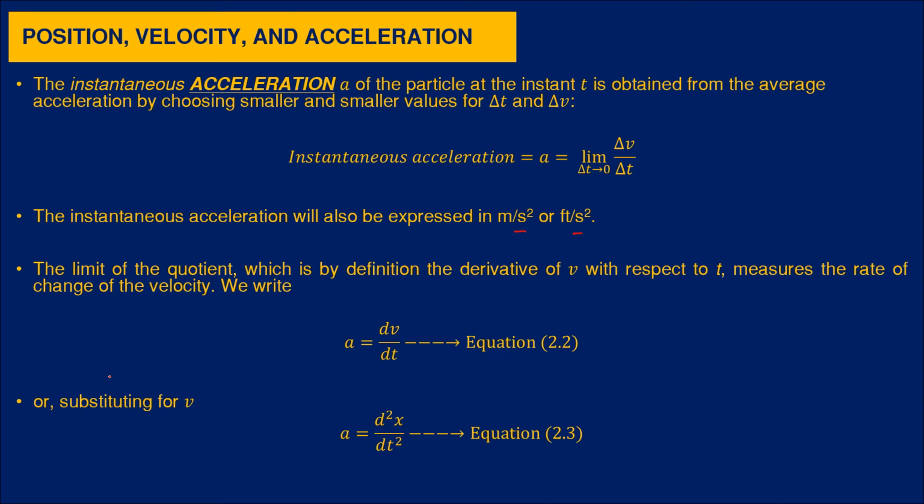The limit of the quotient, which is by definition the derivative of v with respect to t, measures the rate of change of the velocity. We write the acceleration equal to the derivative of the velocity with respect to time. Or substituting for v, this is a second order differential equation, no?